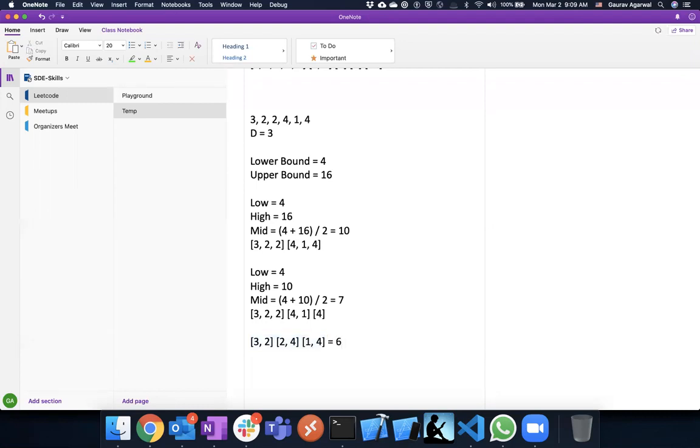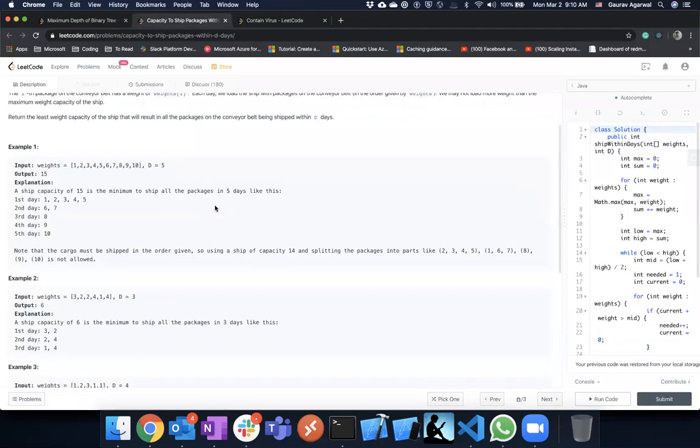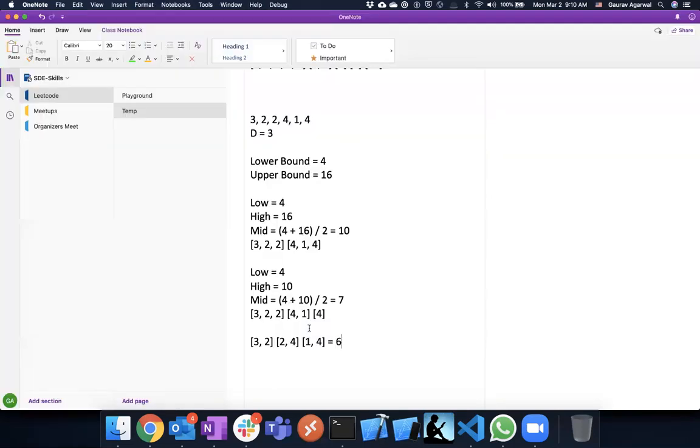Because we need a minimum, that's why we need to go below that. The question is the least weight capacity of the ship. So definitely we can go below 7 in this case.